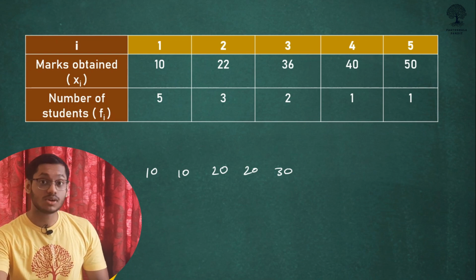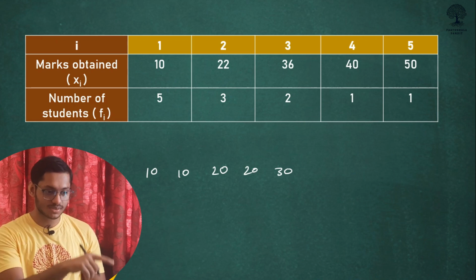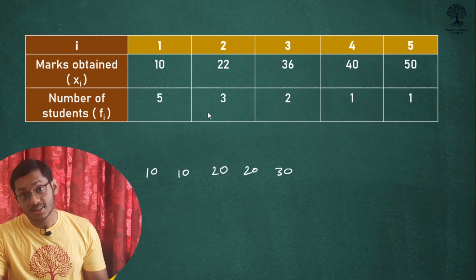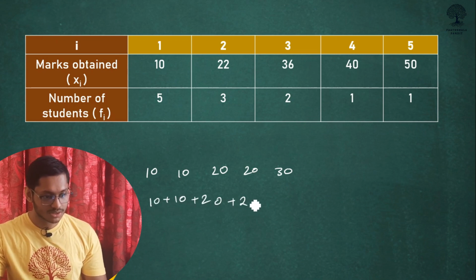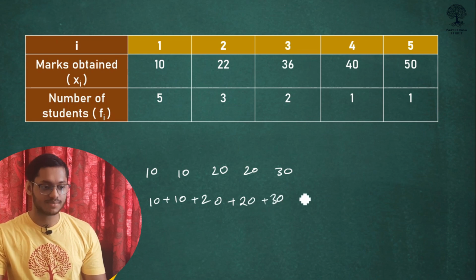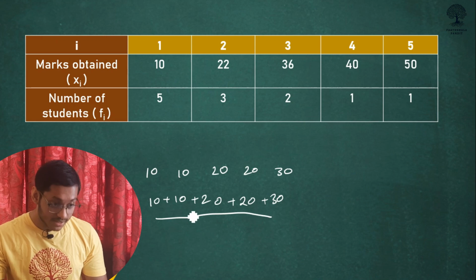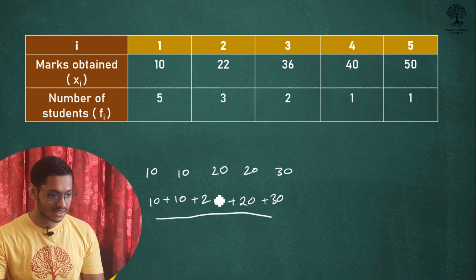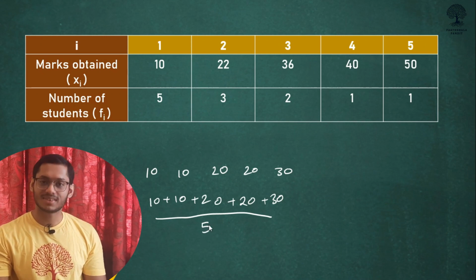We are told to calculate the average of these. Average means the average score of these 5 students. So what we generally do is 10 plus 10 plus 20 plus 20 plus 30, and divide it by the total number of students. Here there are 5 students, so of course I will divide it by 5.